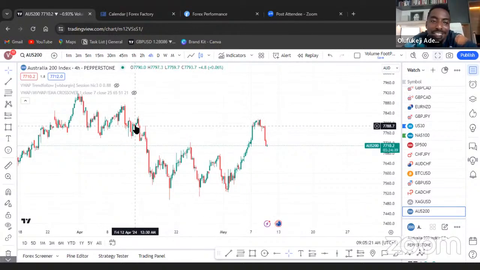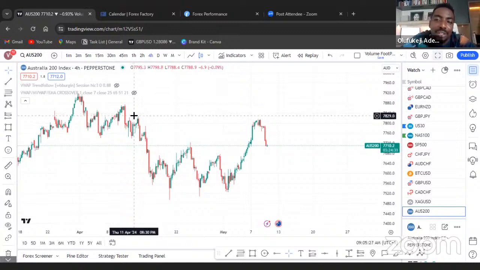Did you check the correlated assets? So this is like a front. You are front running the trade because Australia is open, but in the US they are still sleeping till 2:30. So you can see the exact same markup, right?